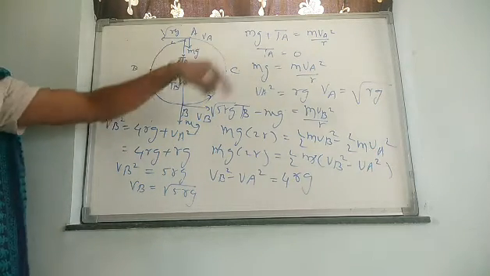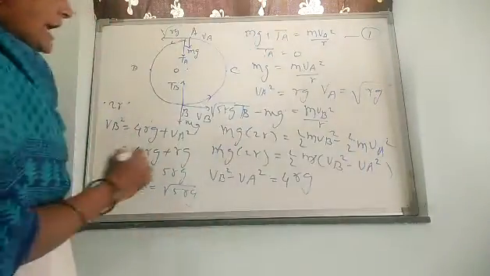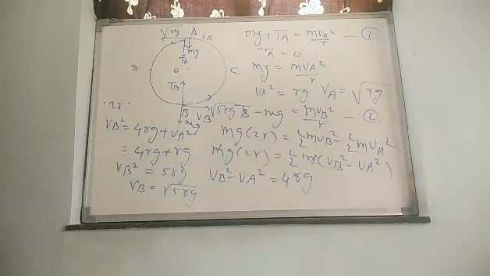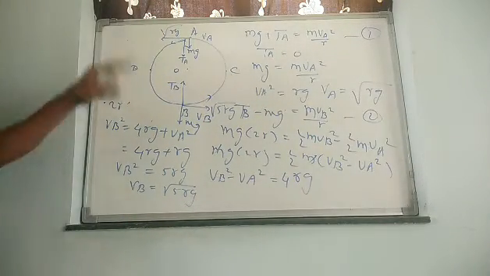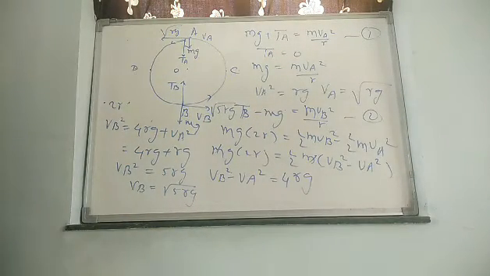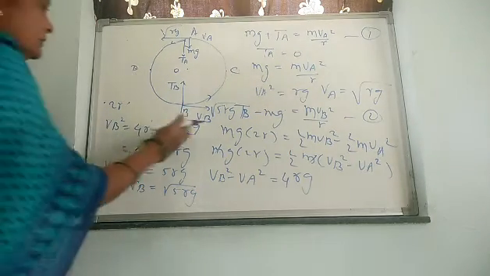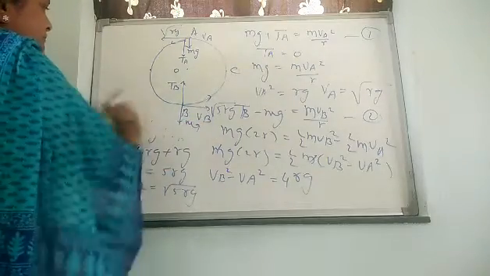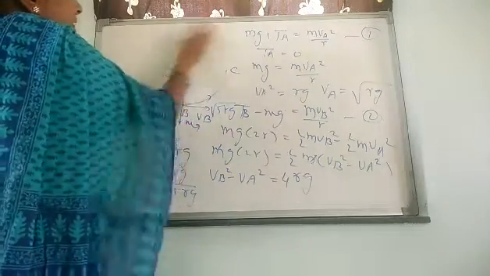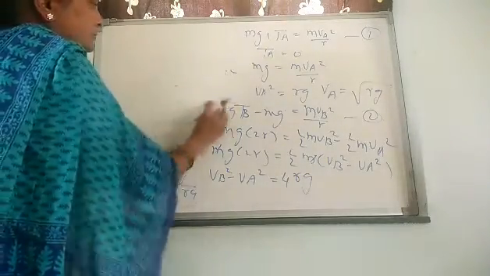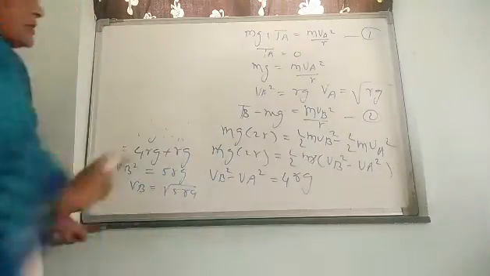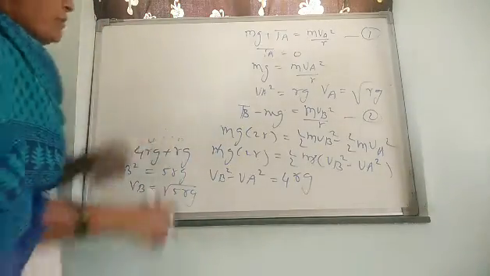Now, with the help of equation 1 and equation 2, we have to find the difference between the tensions at the lowest position and at the top position. Subtract equation 1 from equation 2.